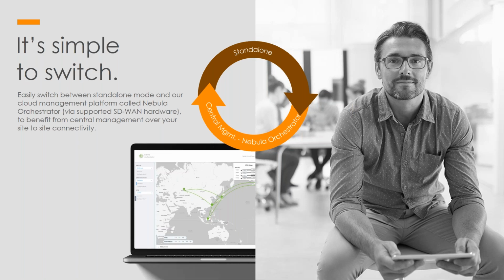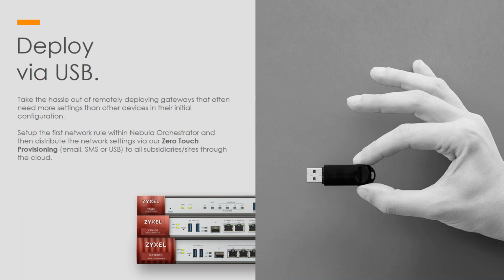As I said, it is very easy to install the product, because the administrator can just ask the local branch office to connect to the internet and will provide the minimum setting that's needed to connect to the internet, and can offer this setting over email, SMS, or on USB.